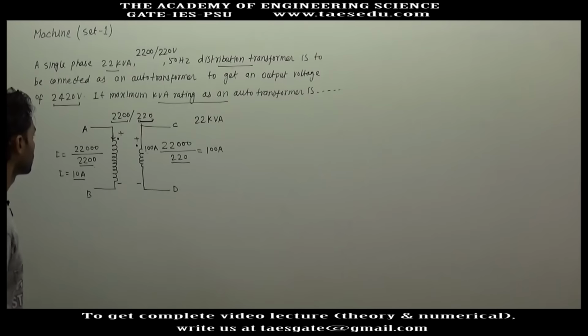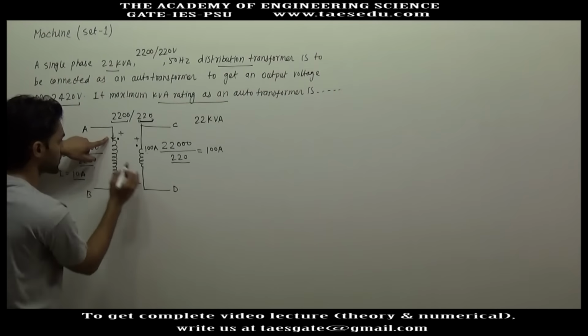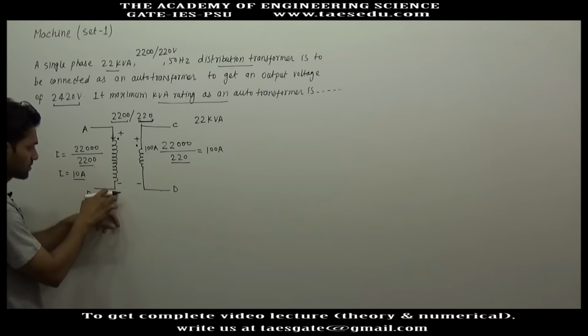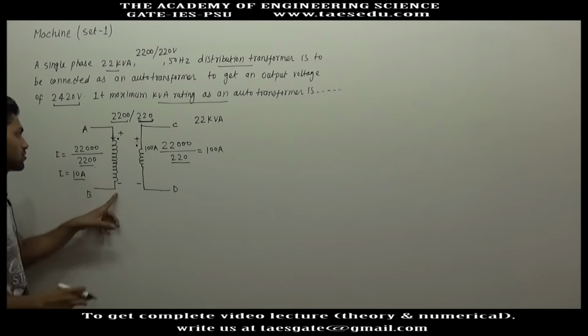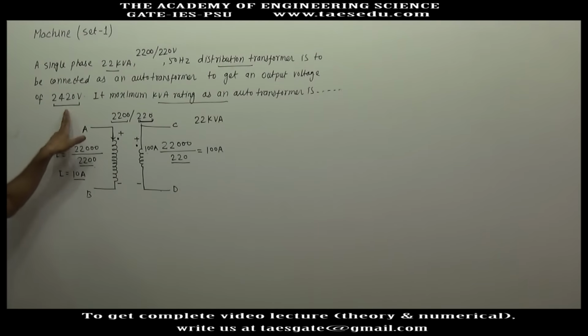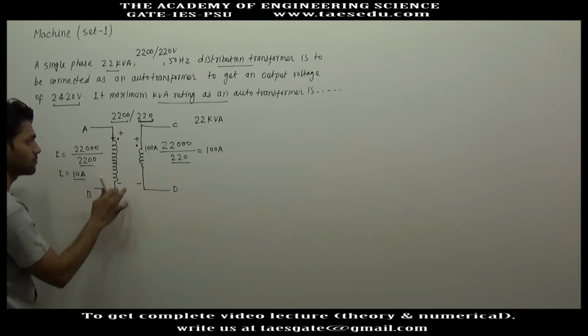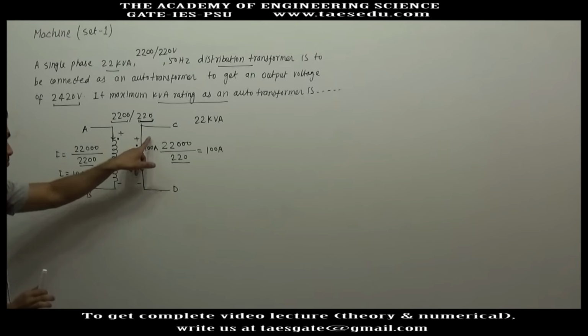So the terminal A will be connected to terminal D, or the negative of this has to be connected to the positive of the other. We can get this voltage in two ways, either by connecting A to D or by connecting B to C. So let us connect B and C.